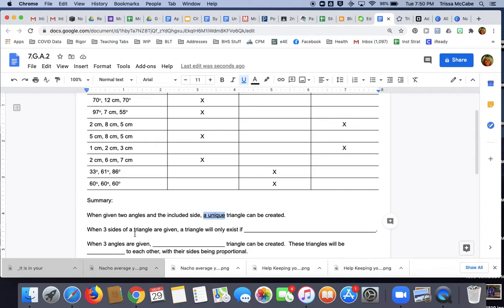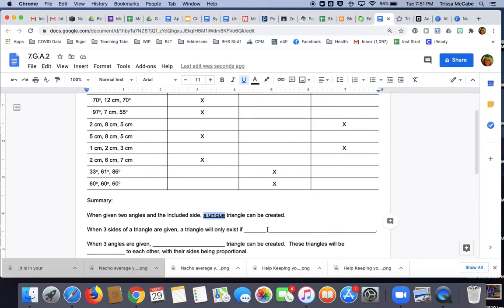Let's look at this one here. When three sides of a triangle are given, a triangle will only exist if. Did anybody find the shortcut for this? There were two cases where it did work. I'm sorry, this one here, the 5, 8, 5 and the 2, 6, 7, those worked, but the 2, 8, 5 and the 1, 2, 3 did not.